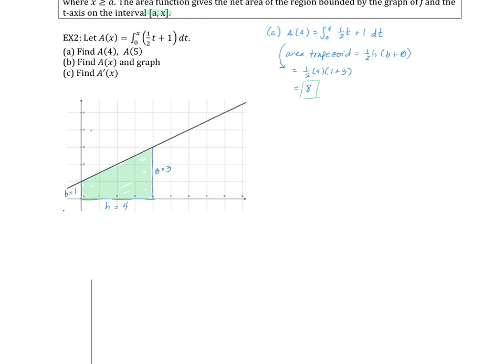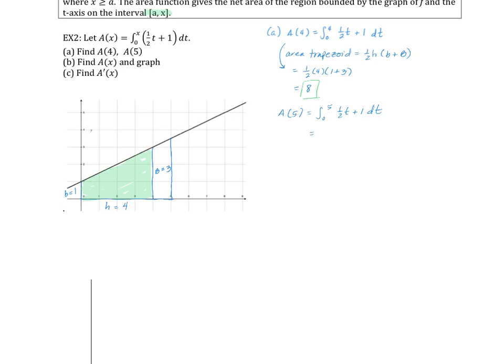Let's look at finding the area function of 5. So A of 5 is the integral from 0 to 5 of 1/2 t plus 1 dt. If we go to 5, the only thing that's going to change is my h and my big B. Okay?